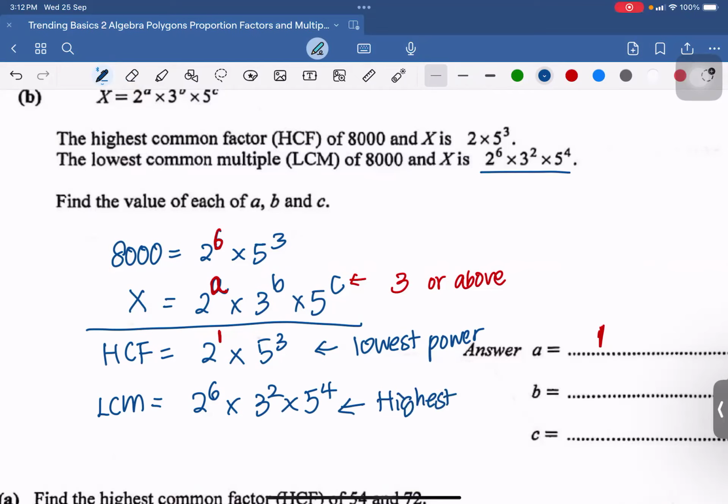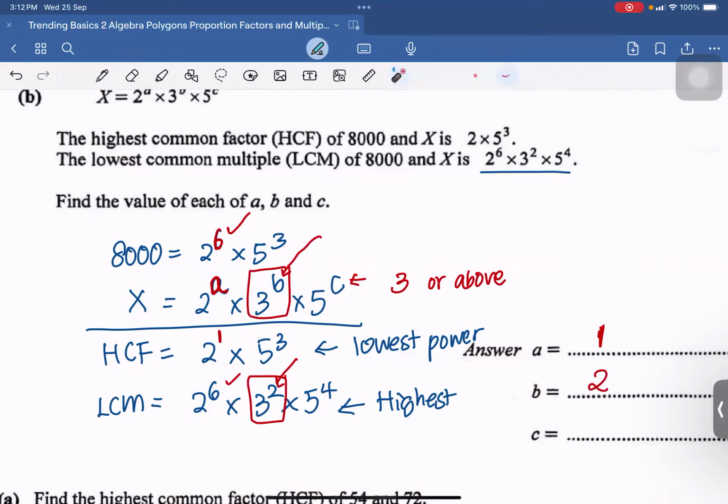So when we choose the highest power, it means A to the power of 6 already met the criteria. So this one is already 2 to the power of 6. 3 squared, is there any 3 squared here? That means the power of B must be power 2, right? Because they want 3 squared.